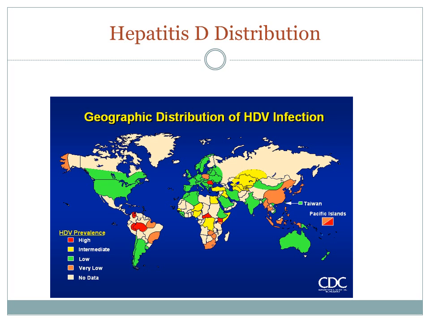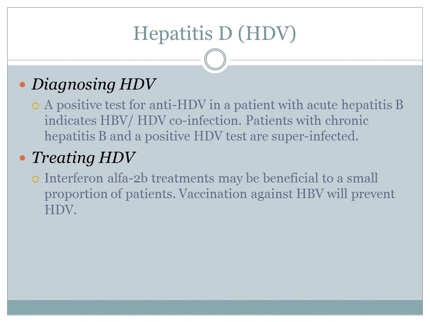And here you see the geographical distribution of the hepatitis D that would, you'd think, follow the distribution of hepatitis B. Again, the distribution low in the United States. Briefly, a positive test for the antibody for hepatitis D in a patient with acute hepatitis B indicates co-infection.